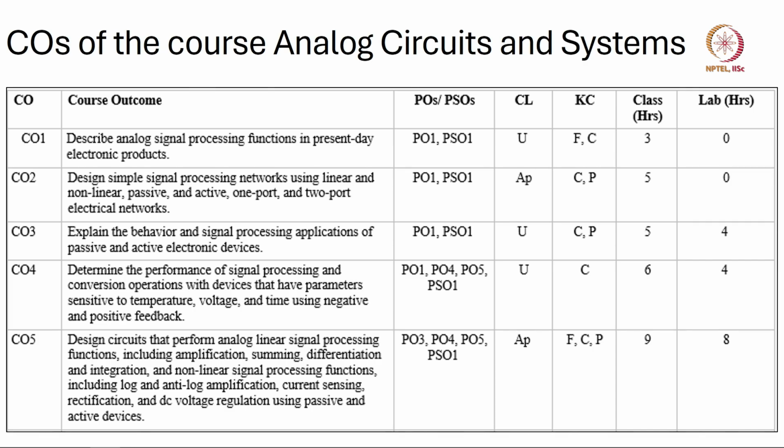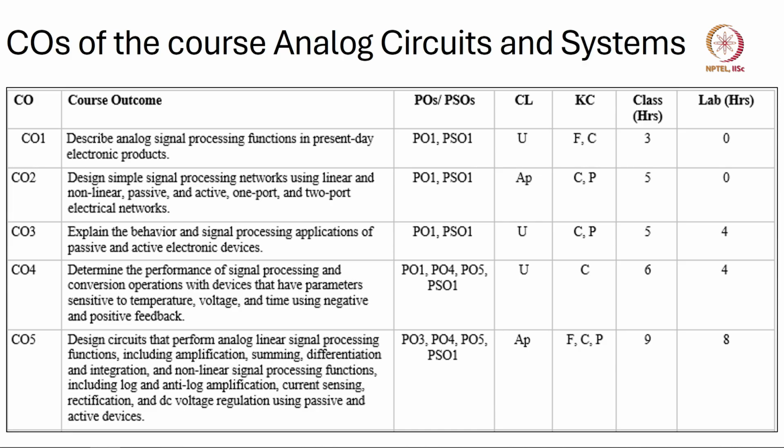So what you are seeing are the course outcomes of the course analog circuits and systems. You can see that there are around 9 course outcomes, and the mapping of these course outcomes with program outcomes and program specific outcomes are specified, and the information related to the cognitive level and the knowledge category is also specified.